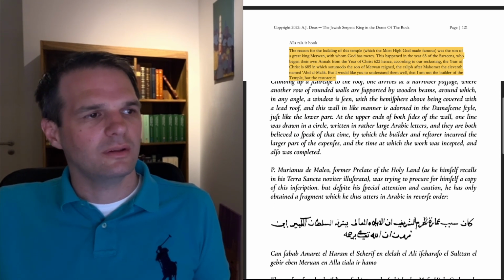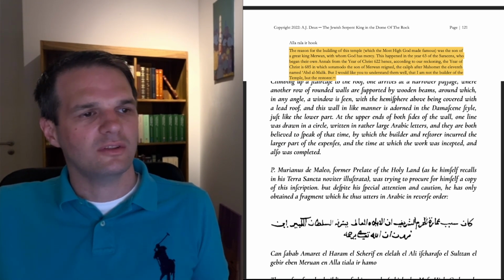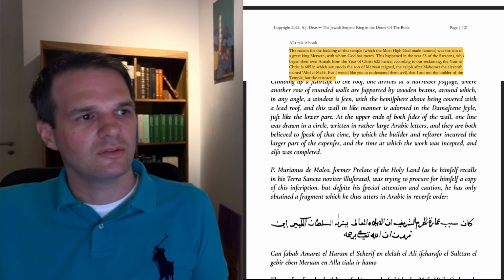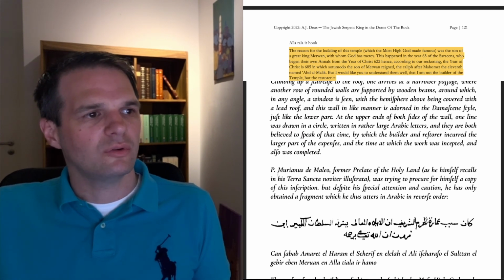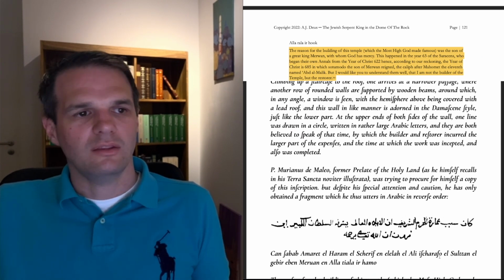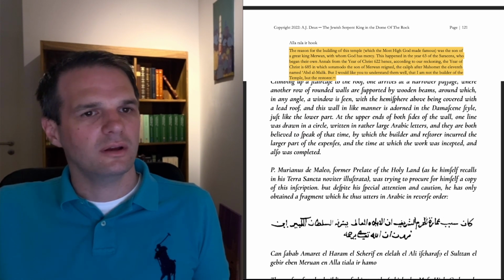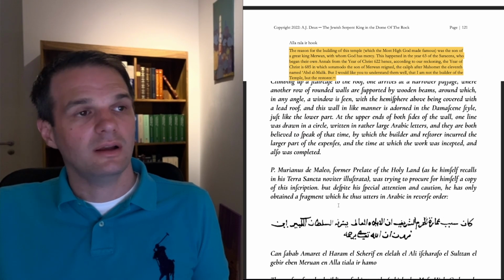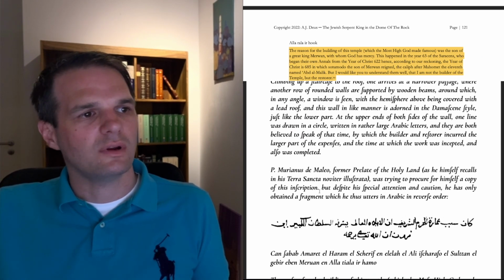So what Elzear Horn tells us is that it wasn't him who saw this text. He refers to P. Murianus de Maleo, who procured this piece of text, which is supposedly a part of the inscription. So I thought, okay, that's interesting. So we're no longer talking about an eyewitness here, but luckily Elzear also gives us a reference.